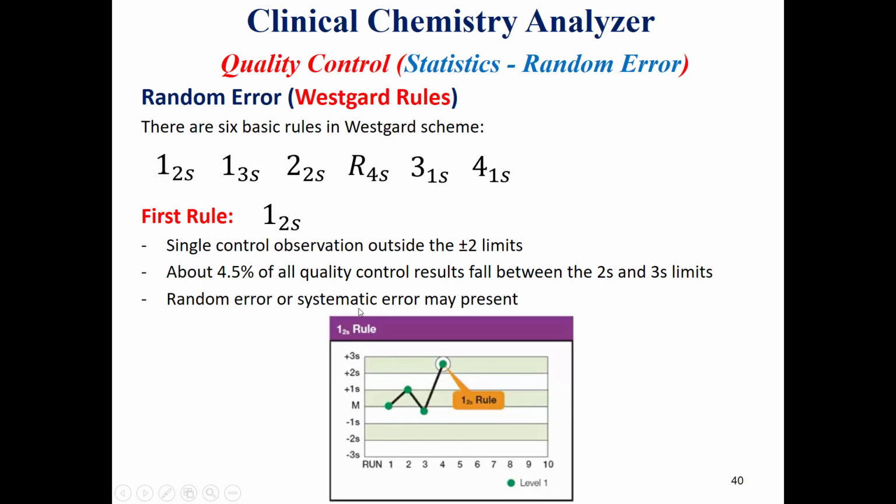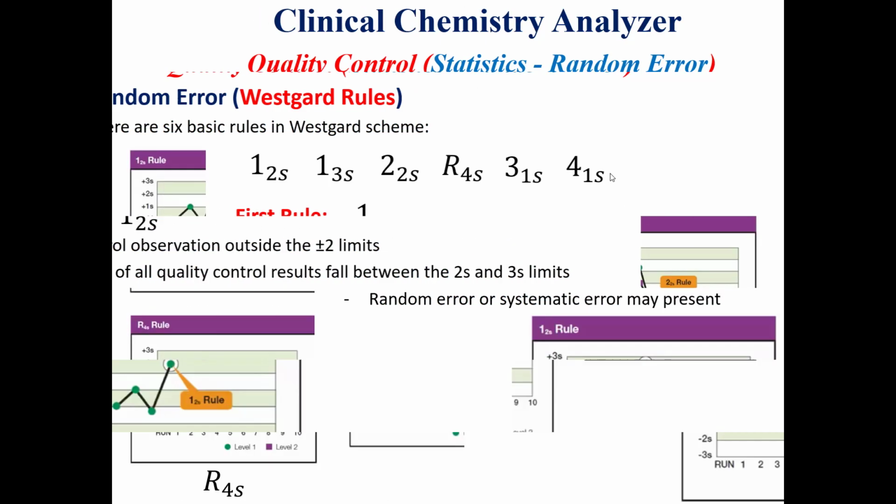So random error or systematic error may be present. These rules help us to determine what type of error we have, whether it's a systematic error or random error. And with the use of artificial intelligence, we can also decide more specifically what type of error we have.